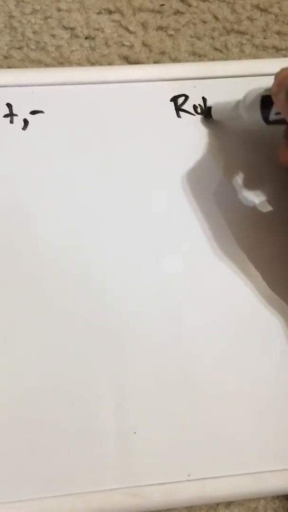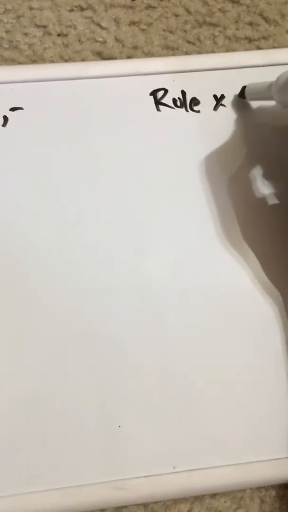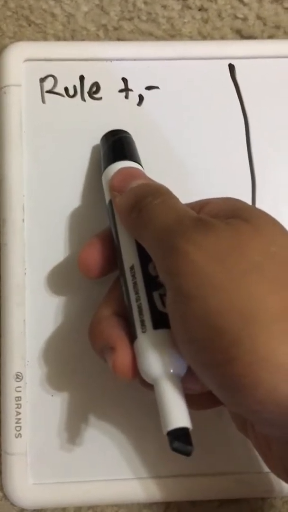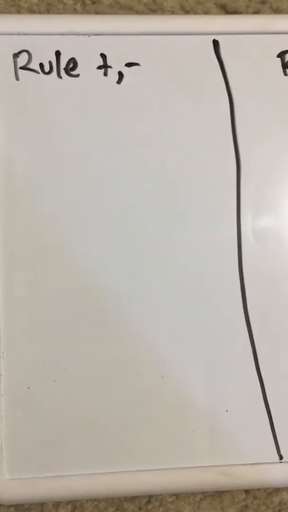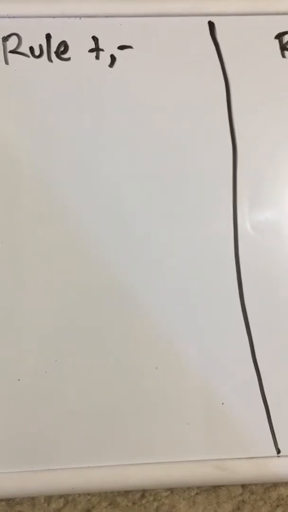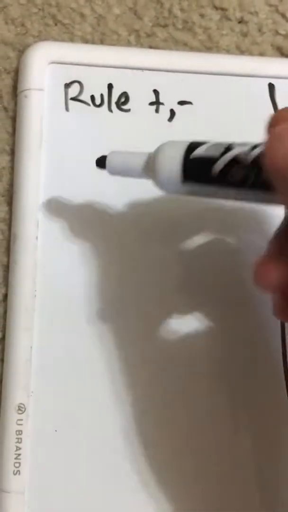There are different rules for adding and subtracting, and different rules for multiplying and dividing. So let's start off with adding and subtracting. The rule for adding and subtracting is that you must take the number of decimal places of the one with the least decimal places out of all the components.